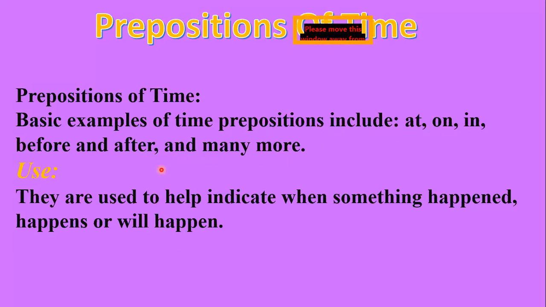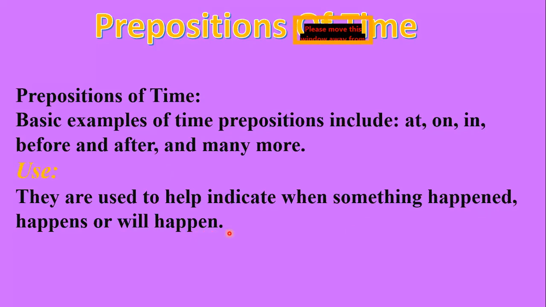See, there is no end to prepositions. There are hundreds and thousands of prepositions. We cannot discuss all of them, so you need to know them, and you need to know when you have to put which one. The ones that we use most commonly are at, on, in, before and after. They are used to help indicate when something happened, happens, or will happen.